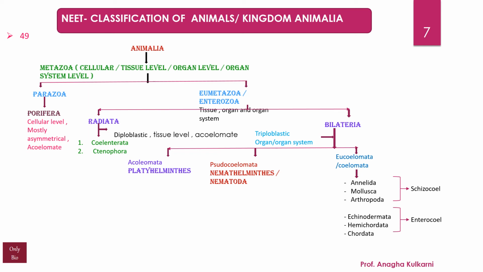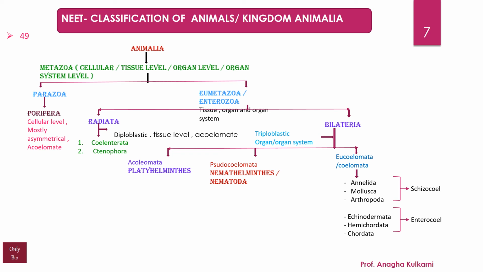Animalia comprises the metazoans with either cellular, tissue, organ, or organ system level of organization. Now, this group Metazoa can be further divided into Parazoa and Eumetazoa, also at times called Enterozoa.